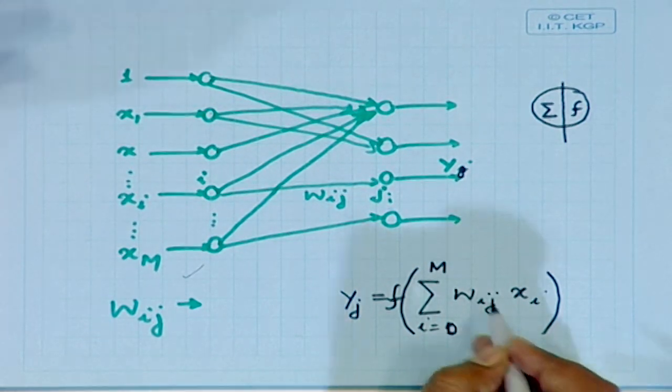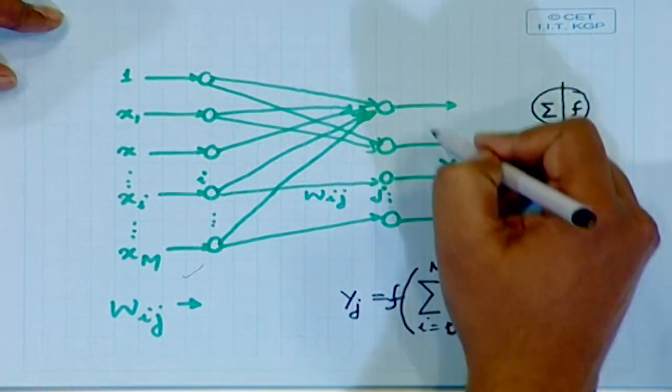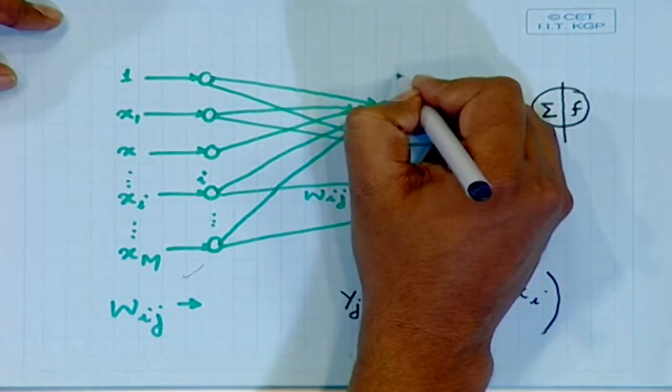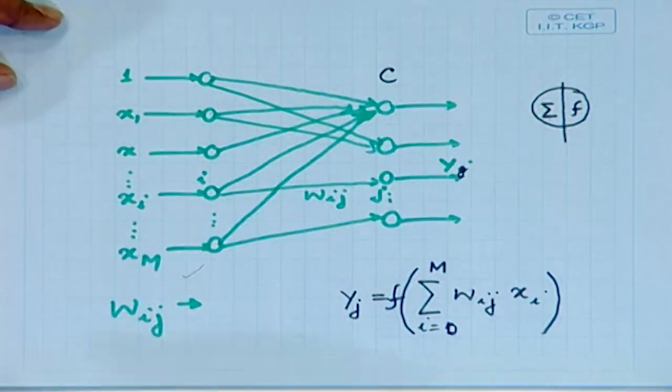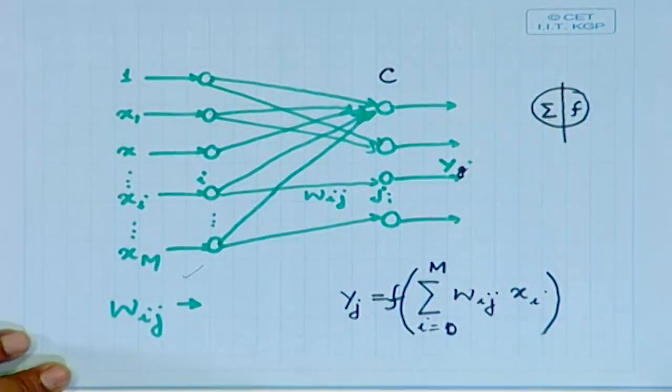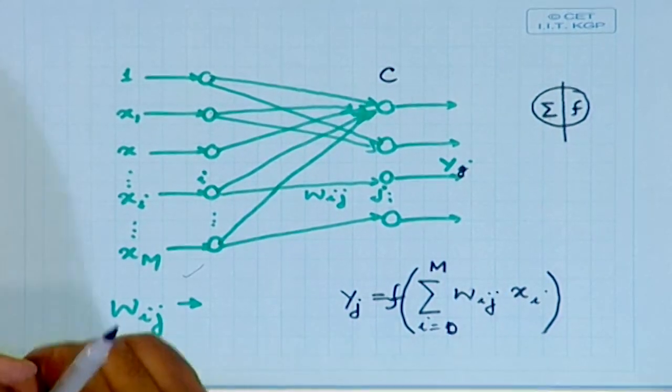If I have a C class problem, I will have C output layer nodes, every node corresponding to one class. Each of the nodes defines the equation of a straight line, or each of them gives you a linear equation, which is the discriminant function for the individual classes.